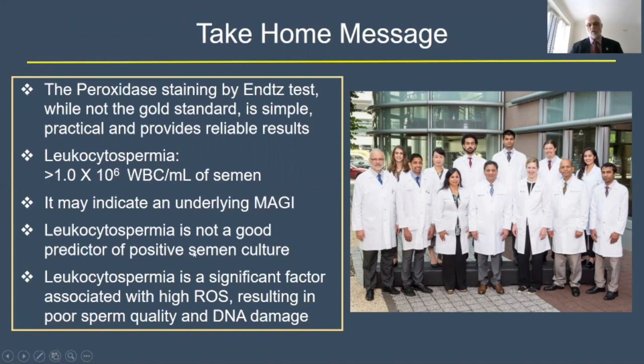That's why both tests, the detection of leukocytes with the ENS test and the semen culture, should be done in parallel. Leukocytospermia is a significant factor associated with high reactive oxygen species, resulting in poor sperm quality and DNA damage.